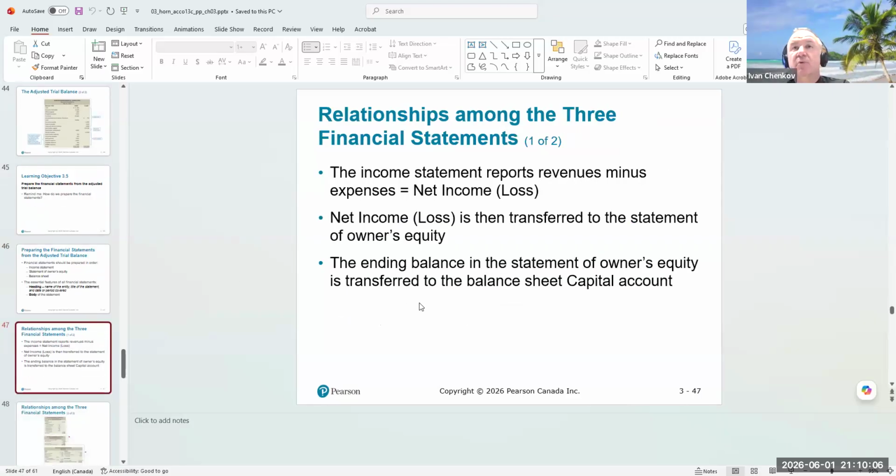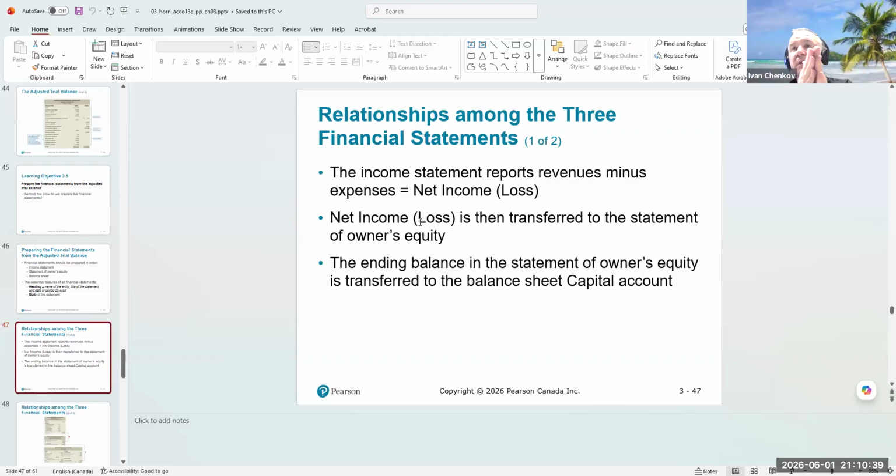Which brings us to the point that we have statements which are made for a period of time and a statement which is made for a point in time. Net income statement is always going to be revenue minus expenses. But in order to generate the revenue and expenses, we need time. So that's why the income statement is always going to be for a period of time.